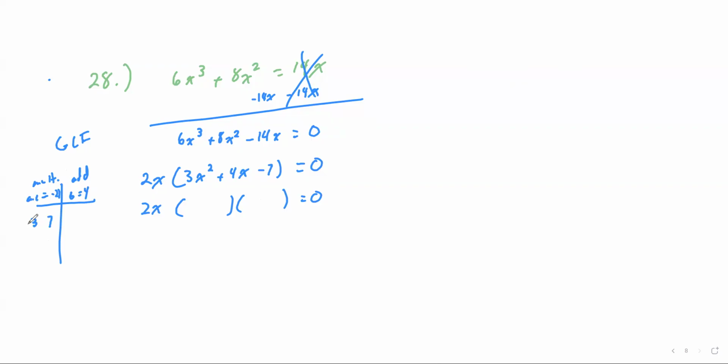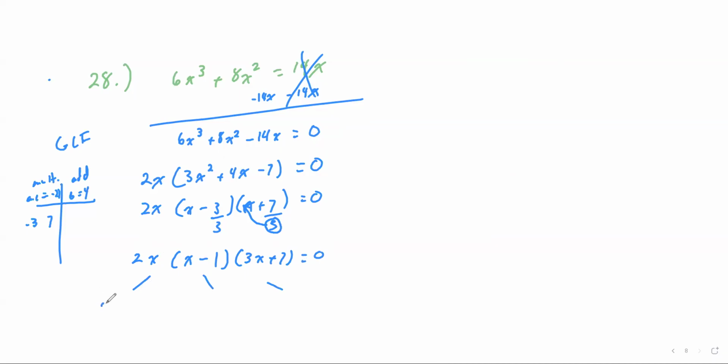And if I wanted to add to a positive 4, it'd be, there you go, minus 3 plus 7. So remember the rule, when you have a leading term that's not a 1, you have to divide by the a. So in this case, 3 divided by 3 is just 1. 7 divided by 3 does not simplify, so therefore the denominator goes to the front. So this is then 3x plus 7 equals 0.